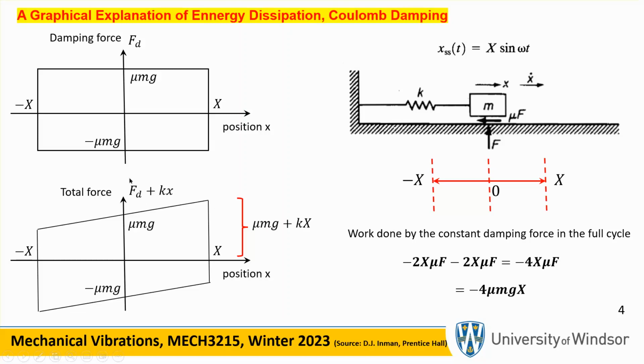If you see here, this is the plot of FD versus X. If you want to do FD plus kx, FD plus the force of the spring, this is the force of the spring, then it's going to be this point raised up by the amount kx, this point raised down by the amount kx. So that rectangle becomes a parallelogram like that, but the area of it doesn't change. So just keep that in mind.